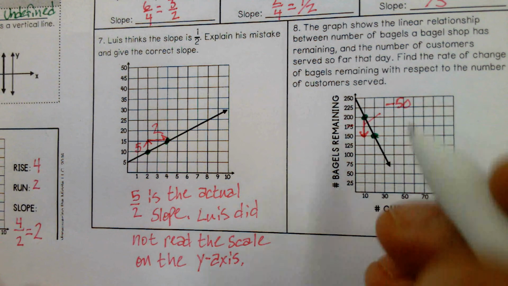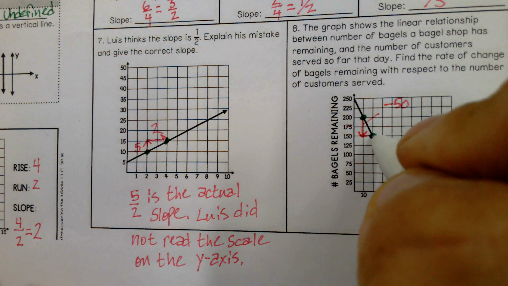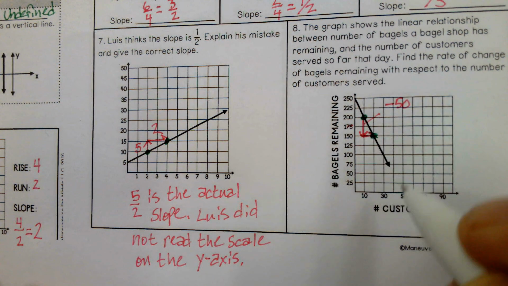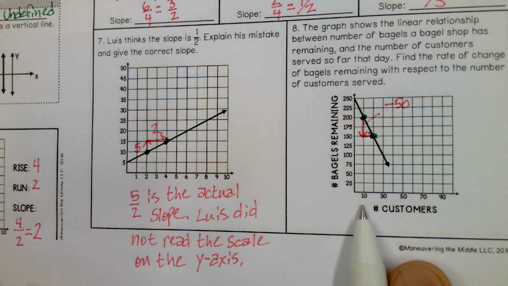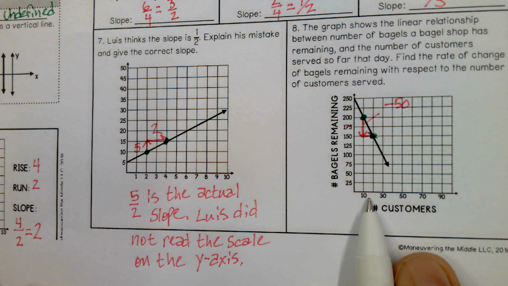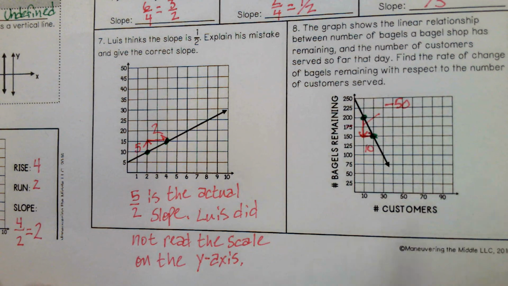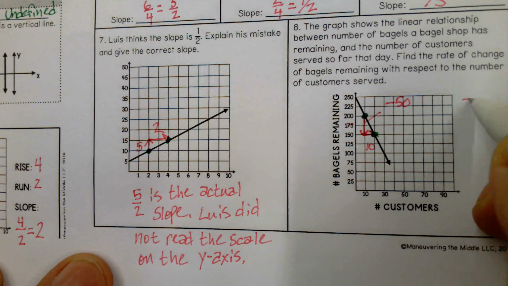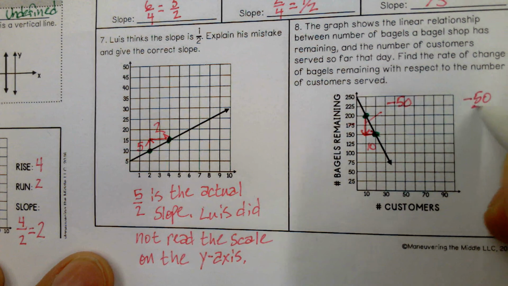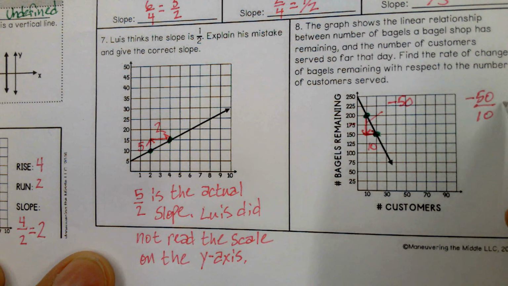And then customers served is across. What's our scale there? 10. So we would be looking at -50 to 10.